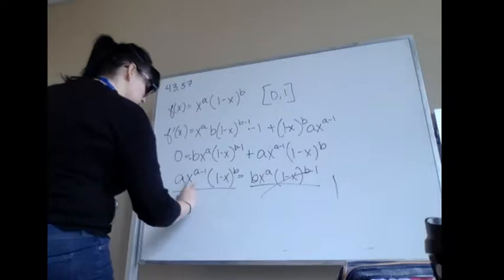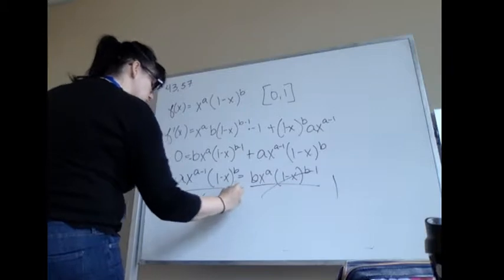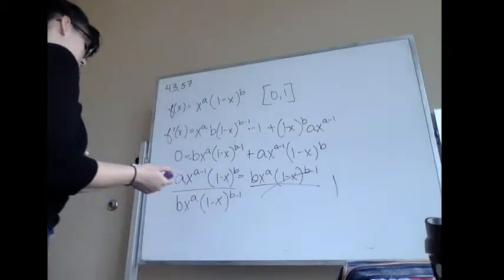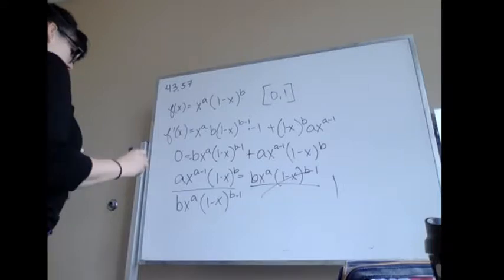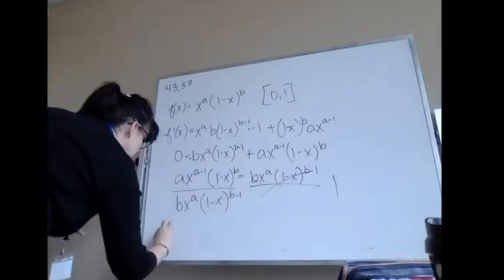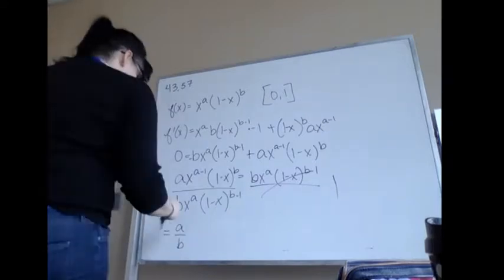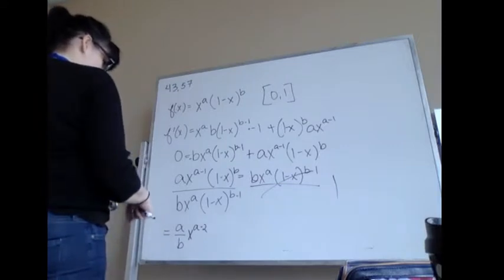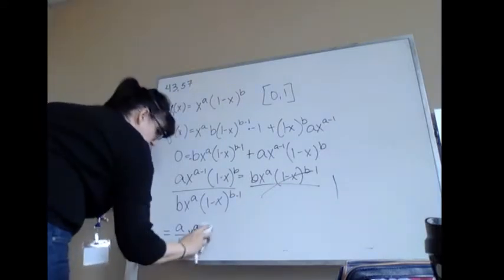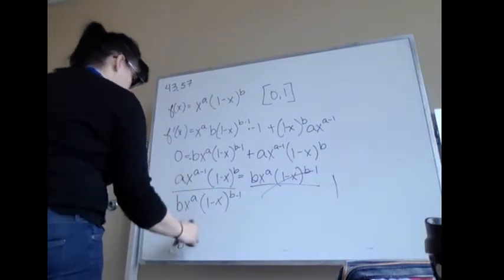So b x to the a times 1 minus x to the b minus 1, a over b, x to the a minus 2. No. It's a minus 1 minus a.